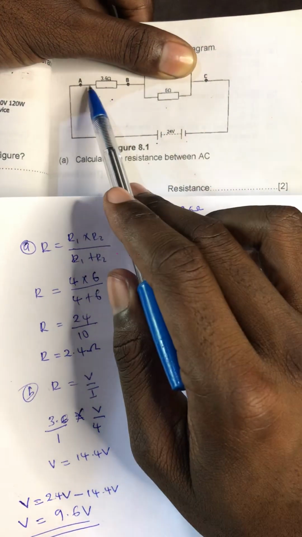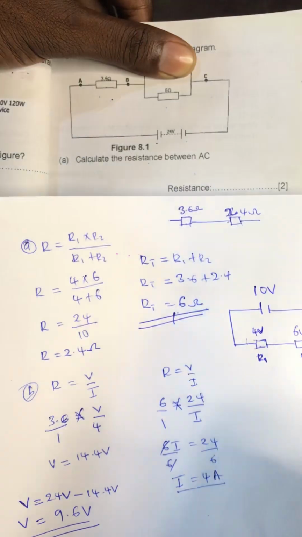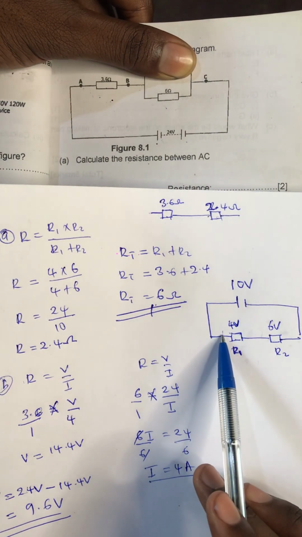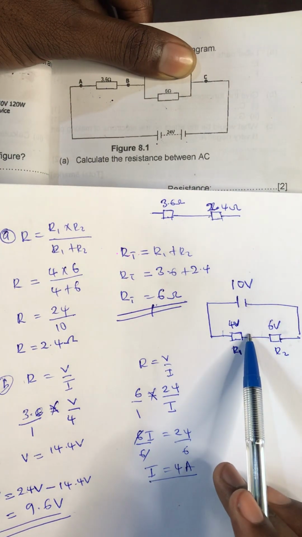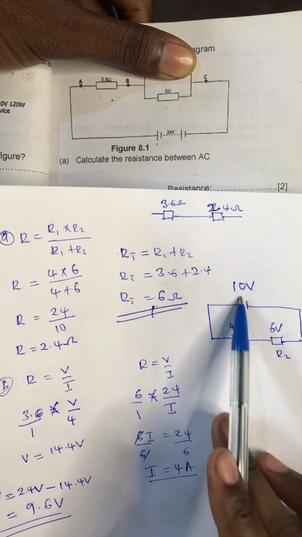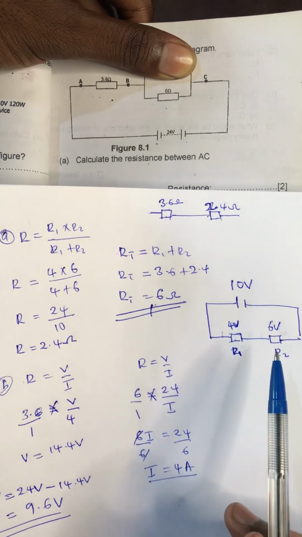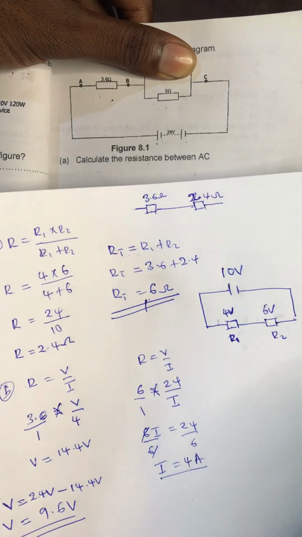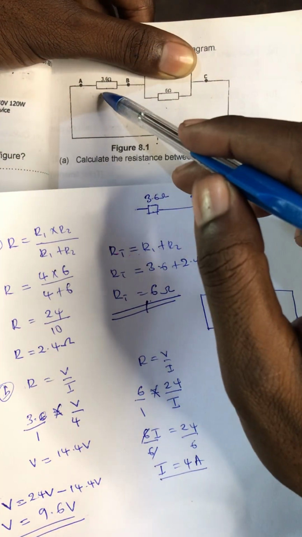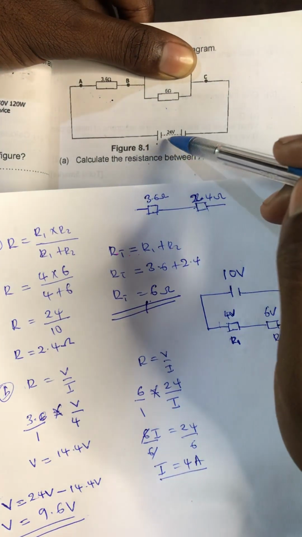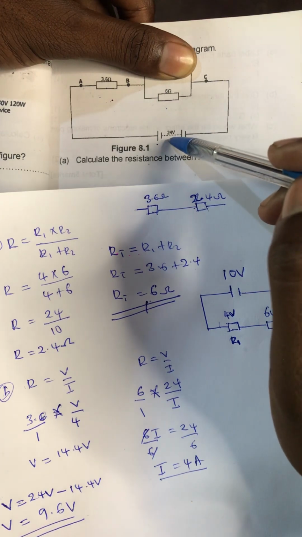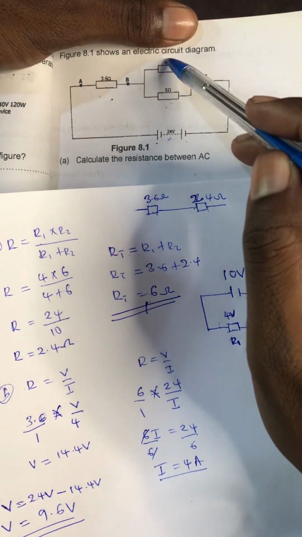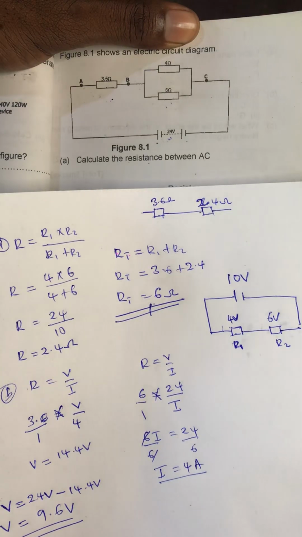We first had to find the voltage here, just like in our case here. To find the voltage there, we need the voltage there, okay? And then we subtract from the main value, which is 10, to give us 6. So similarly here, we needed the voltage there, and then we subtract from the main value. The answer we get is the voltage there. It is also the voltage across the 4 ohms resistor.